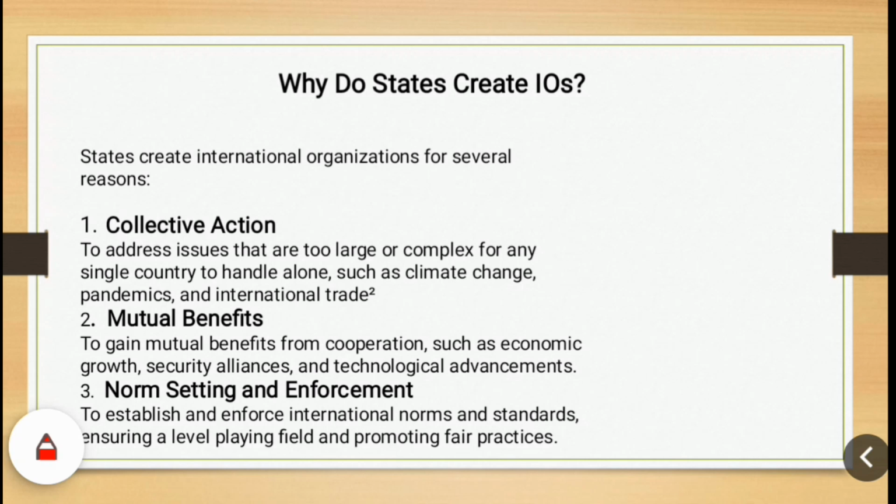Why do states create international organizations? States create international organizations for several reasons, which are collective action to address issues that are too large or complex for any single country to handle alone, such as climate change, pandemics, and international trade.